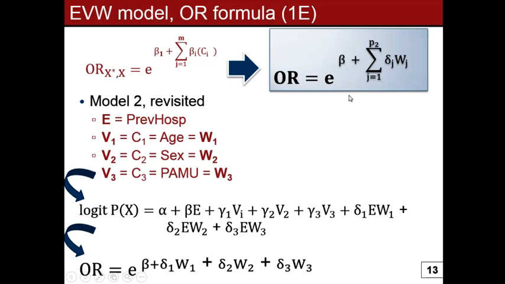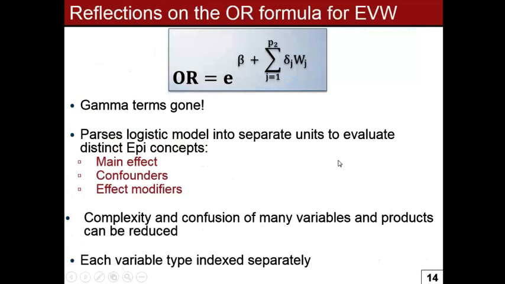So that's the idea. What's really nice is you can just say, oh yeah, I've got V terms, I don't need these for the odds ratio. Oh, I've got three EW terms, I'm going to need these for the odds ratio. So you very quickly see what you need and what you don't. So the beauty here is the gamma terms are gone, and we just said all this.